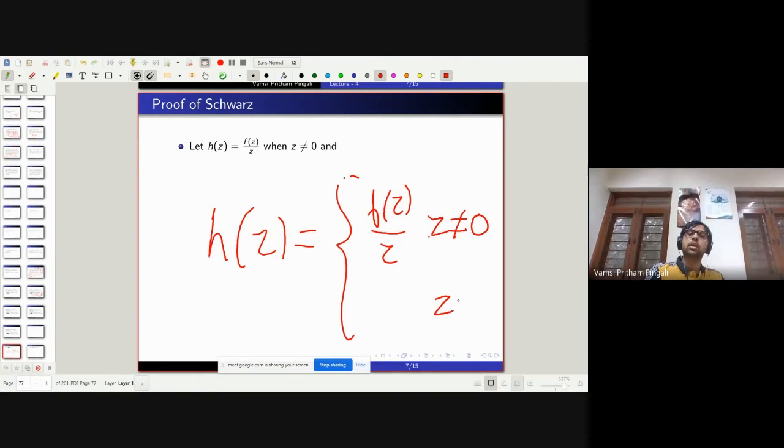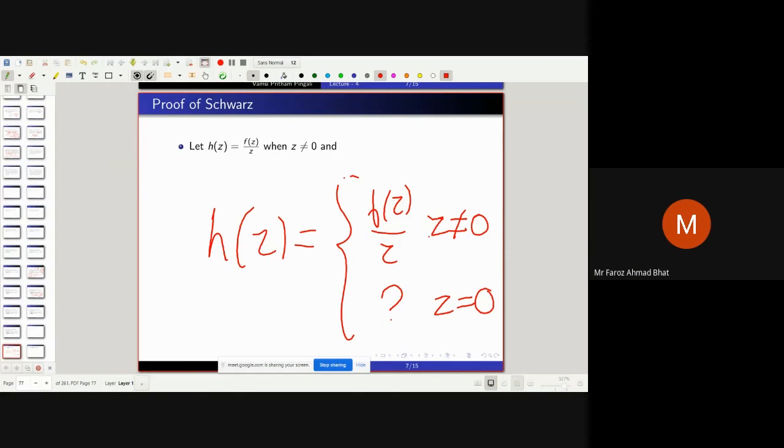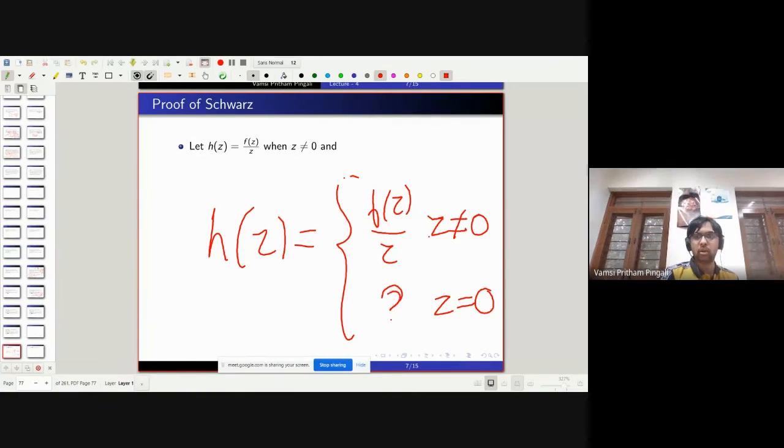And when z is 0, what should I define it to be? Derivative. f dash 0. Why should I define it to be f dash 0?